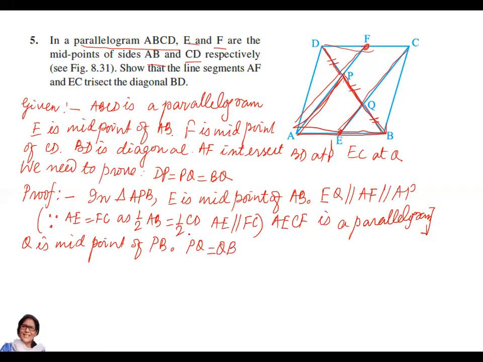One part is over. Now I'll come to triangle DQC. In the same way, F is midpoint of CD, FP is parallel to CQ, so P must be midpoint of DQ.